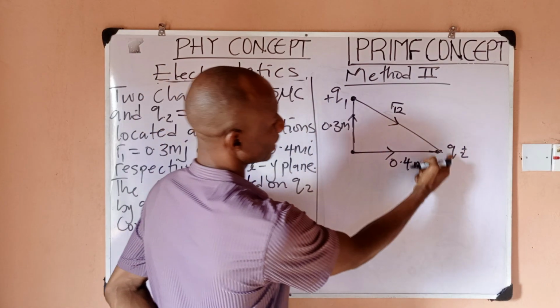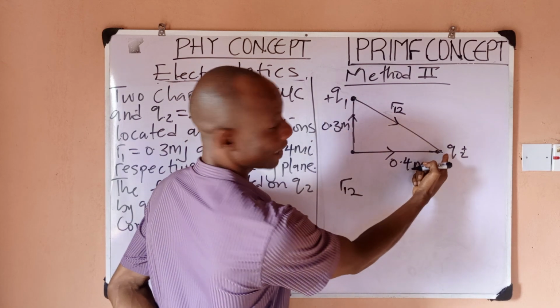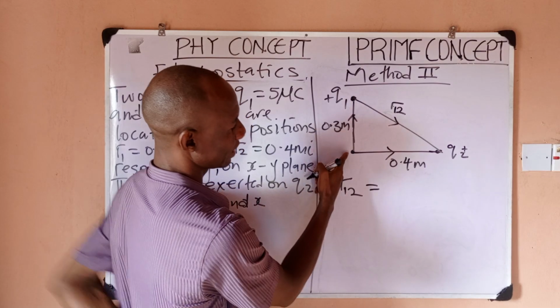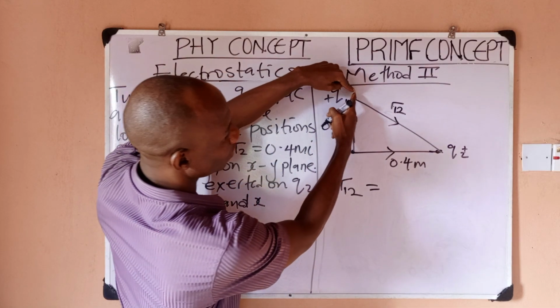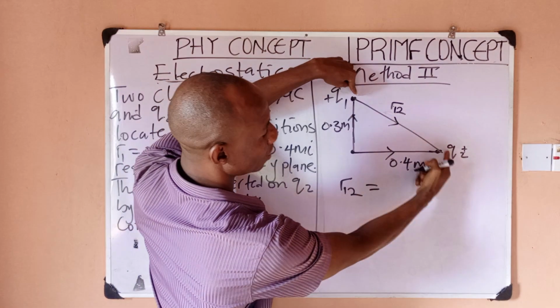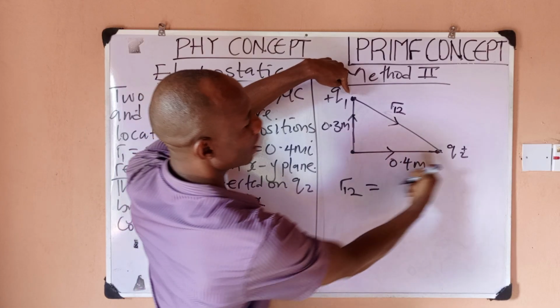If you move like this, you have R12, which is the length, right? Equal to. Now, if you want to get to Q2, you can either follow this direction, which is your R12, or you follow this direction, you come down here, and then you go here, right?